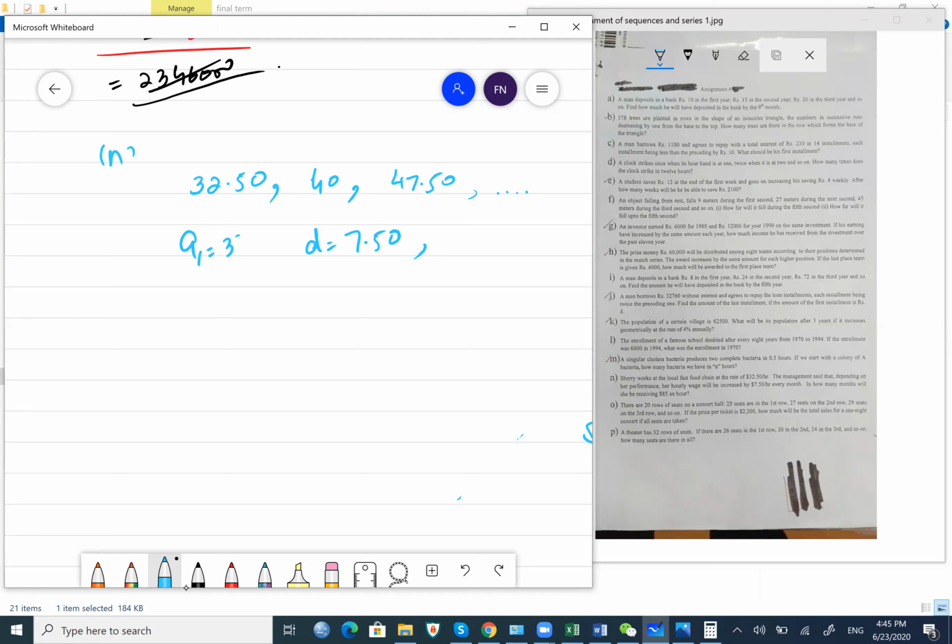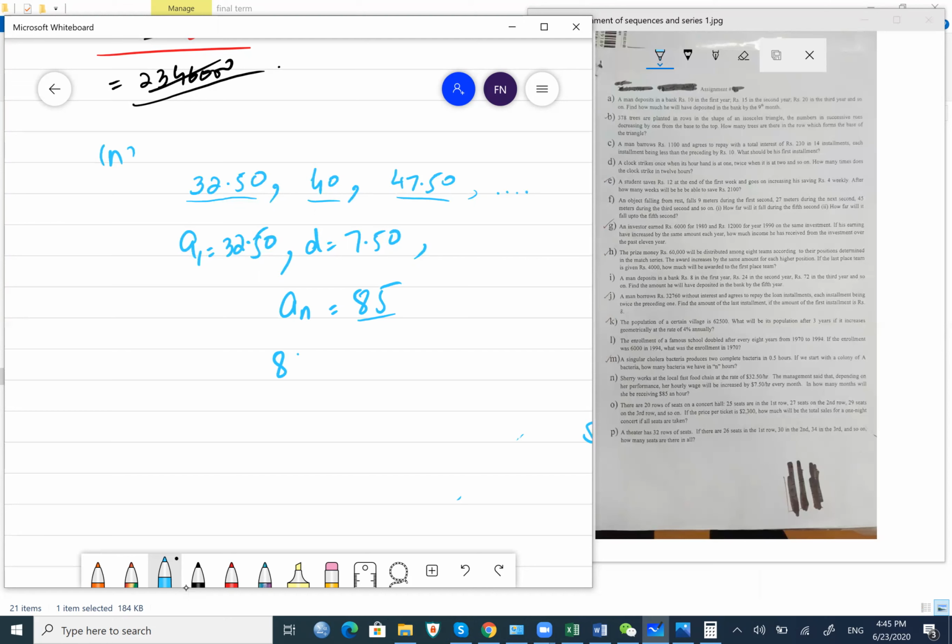A1 is 32.5. This is her salary in the first month, this is the second month, this is the third month. We are asked in how many months will she be receiving $85. So AN equals 85. We need to know what term number this 85 is. So it's the N.